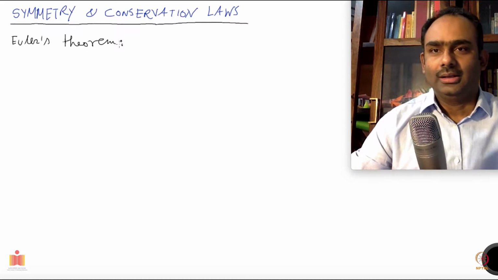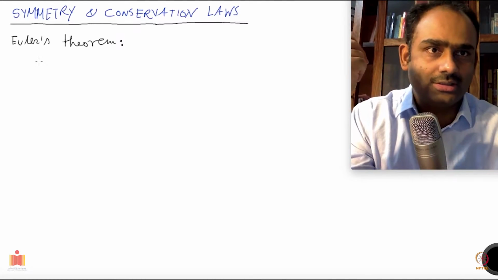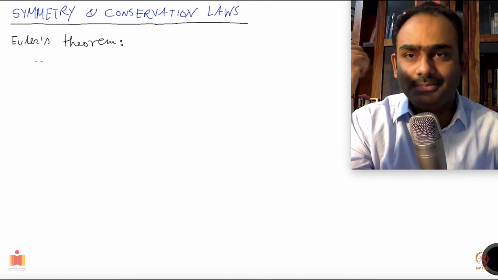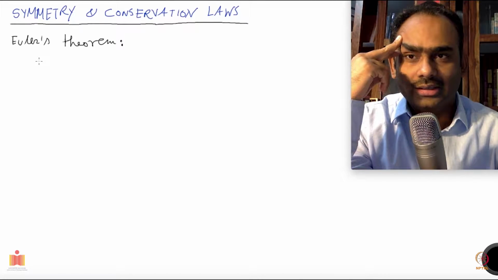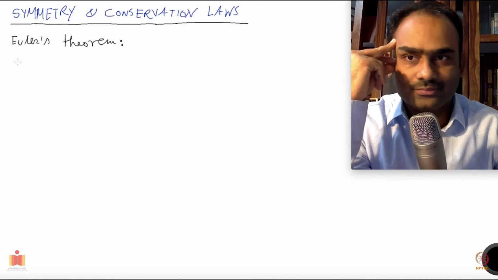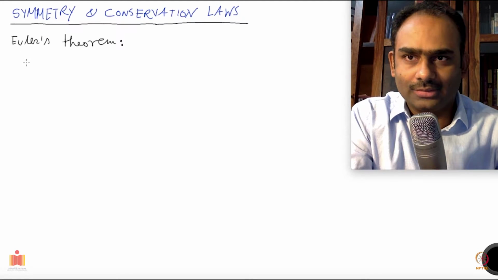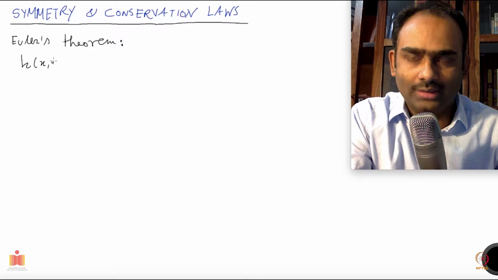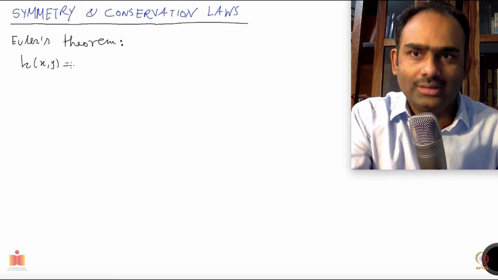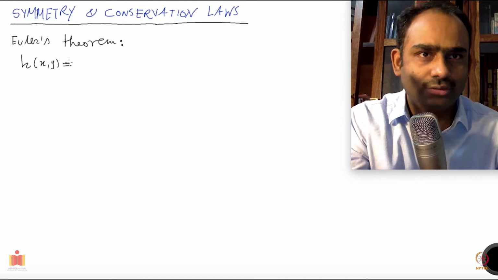The idea is simple. Imagine you have some function which is a polynomial function, in, let's say, two variables to begin with. Let's say I have some function h of x, y, and I am looking right now at a function of degree 2.